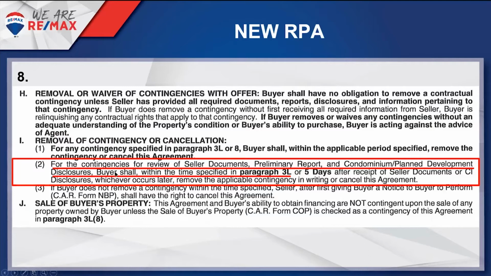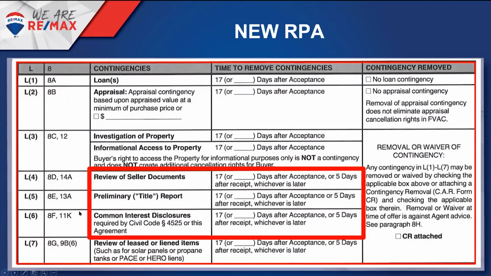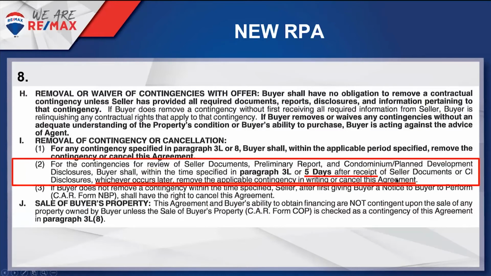And for contingencies for review of seller documents, preliminary report, title report, and the HOA documents, buyers shall, within the time specified in 3L, which is by default 17 days, or you can change it, or 5 days after receipt of those documents, whichever occurs later, remove the applicable contingency. Again, they can remove it early if they want.